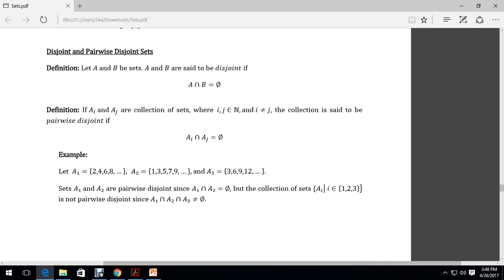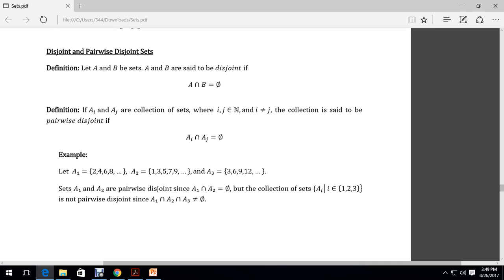Okay, if we extend the definition of disjoint sets to a collection of sets, for example, A sub i and A sub j, wherein i and j are natural counting numbers and i is not equal to j, meaning the sets in i are different from the sets in j, then the pairwise disjoint condition means that every pair formed by the collection of sets A sub i and A sub j would have no intersection at all.